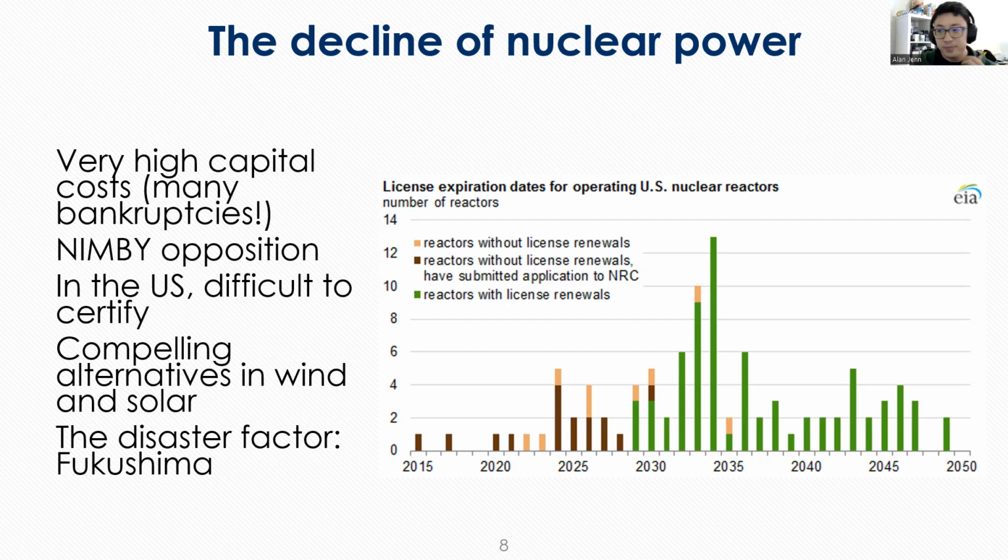And so, yeah, that's one of the other reasons, as we need more electricity and need to build more generation resources, people turn to things like wind and solar before nuclear power. And then the last one, right? The disaster factor. After Fukushima, there was actually a really big shift away from nuclear in many parts of the world, not just in the US.